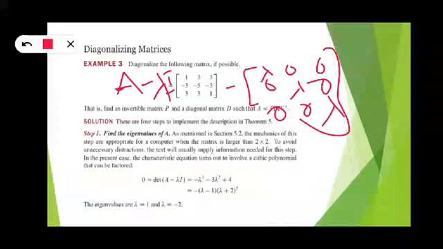Here we use the synthetic division method. We know that thing, just once we see it.